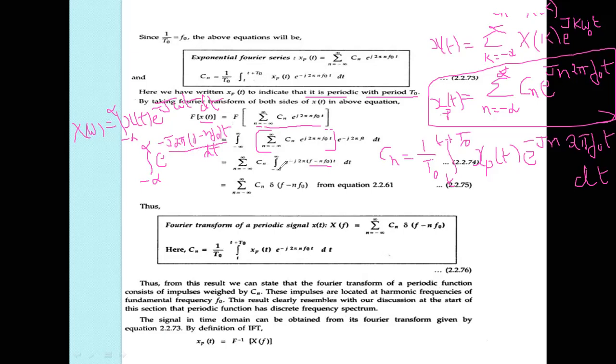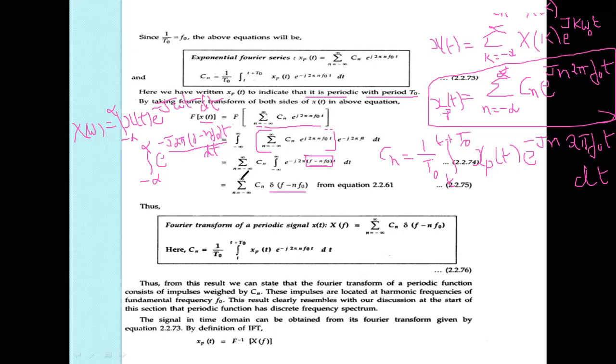Whenever the integral from minus infinity to infinity of e power jx dt is taken, it becomes a delta of this function. e power jx is cos x minus j sin x, so it is represented as a delta function.